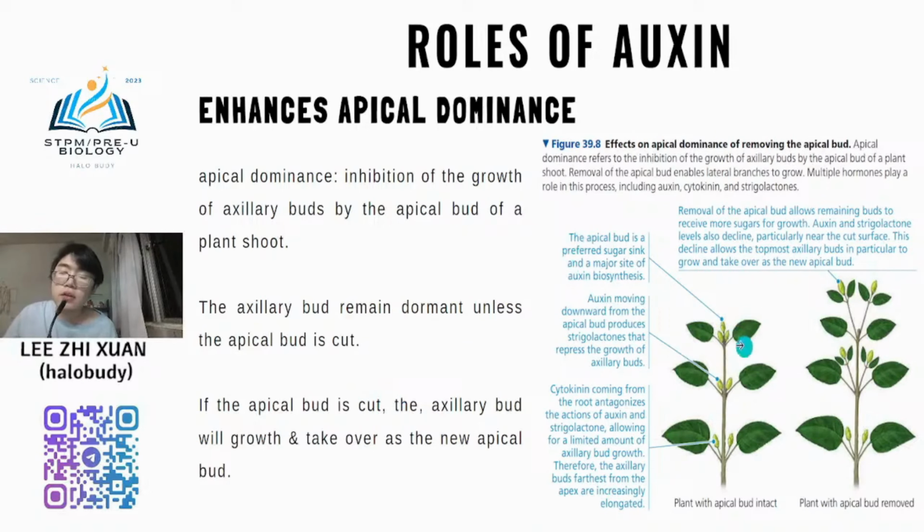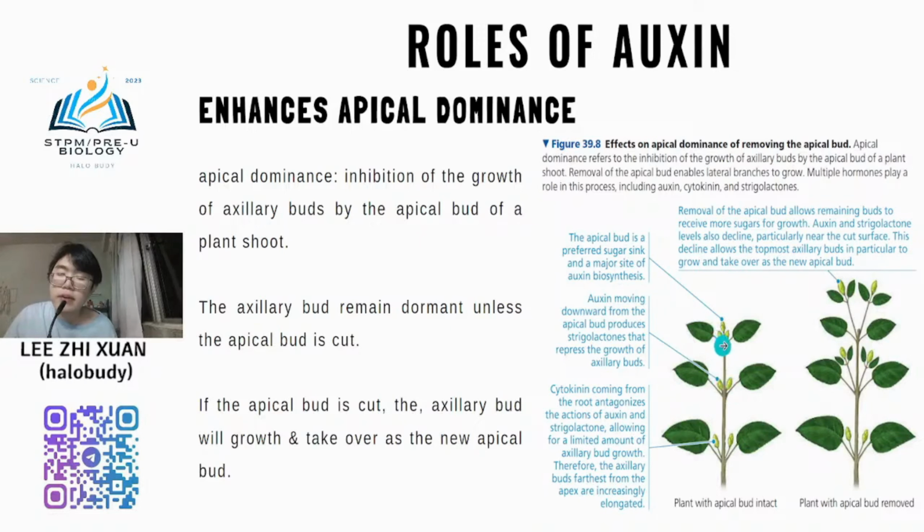So it will look like this. You see this diagram: the apical bud is a preferred sugar sink and major site of auxin biosynthesis. The upper part is what we call the apical bud. Auxin will move downward from the apical bud to repress the growth of the axillary buds.